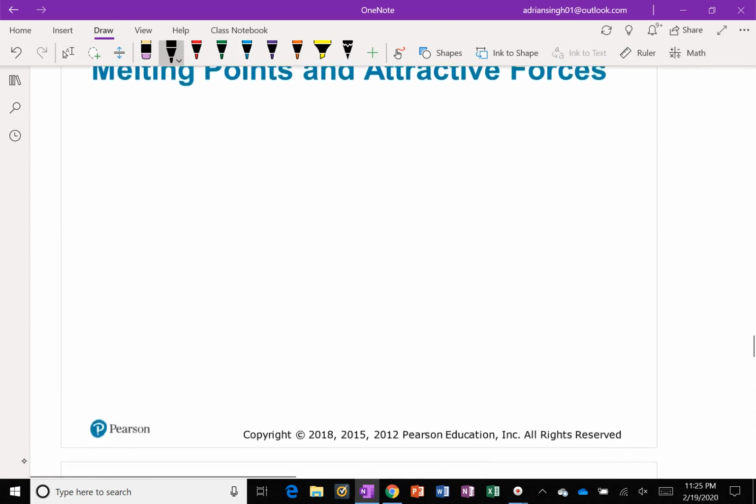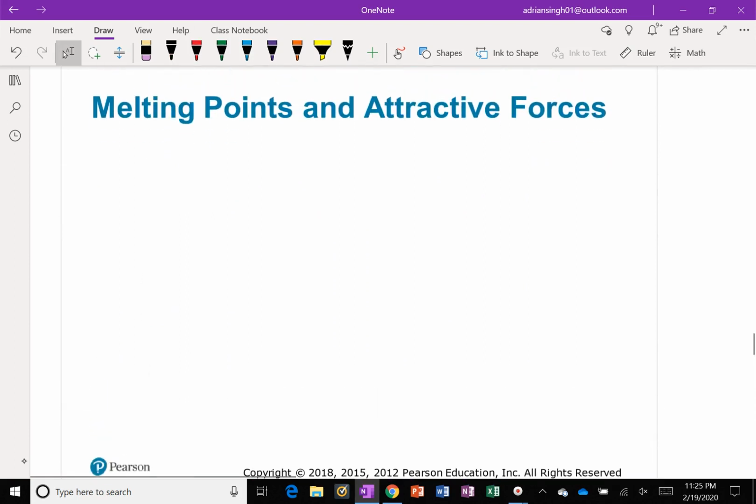So generally what we're going to see here, and the reason why we're going through this process, is we can make a general statement in terms of how melting points, for instance, are affected by these attractive forces.